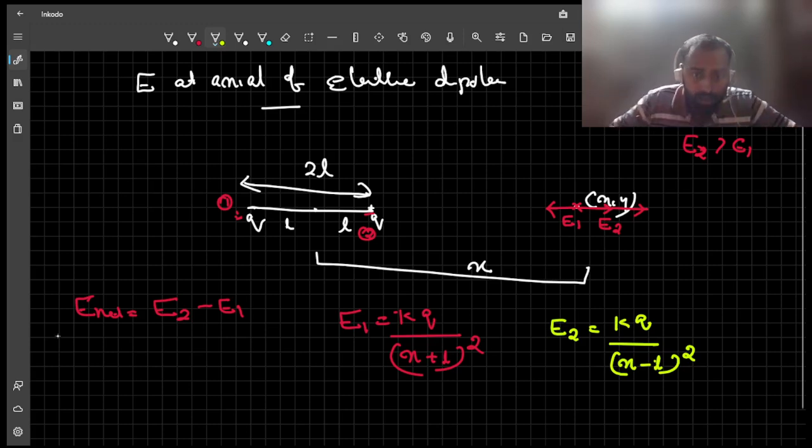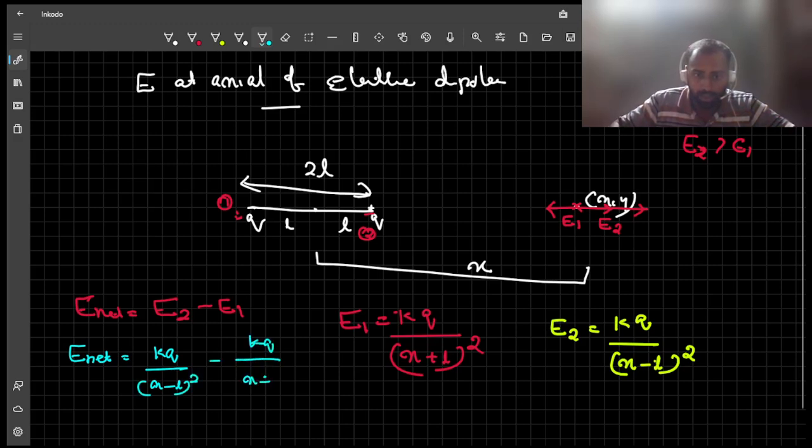So now it is becoming very easy to find E net. We can write E net as E2 minus E1, like kq by x minus L the whole square minus kq by x plus L the whole square, right?